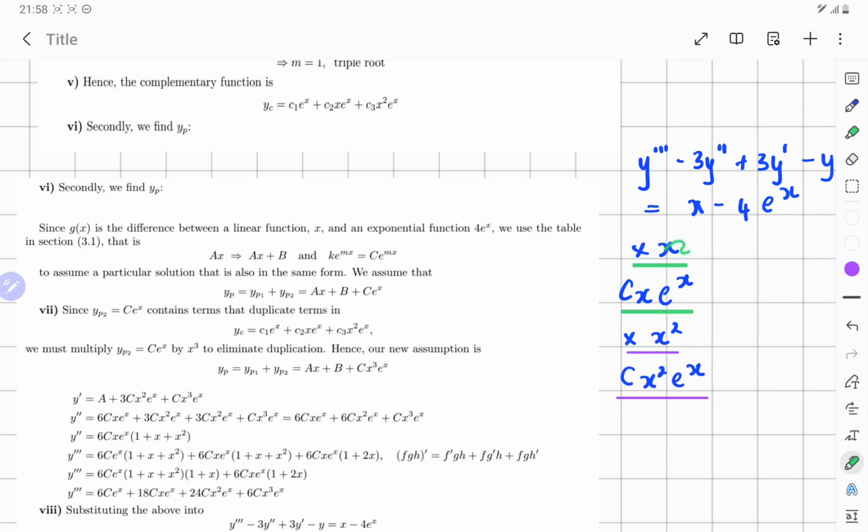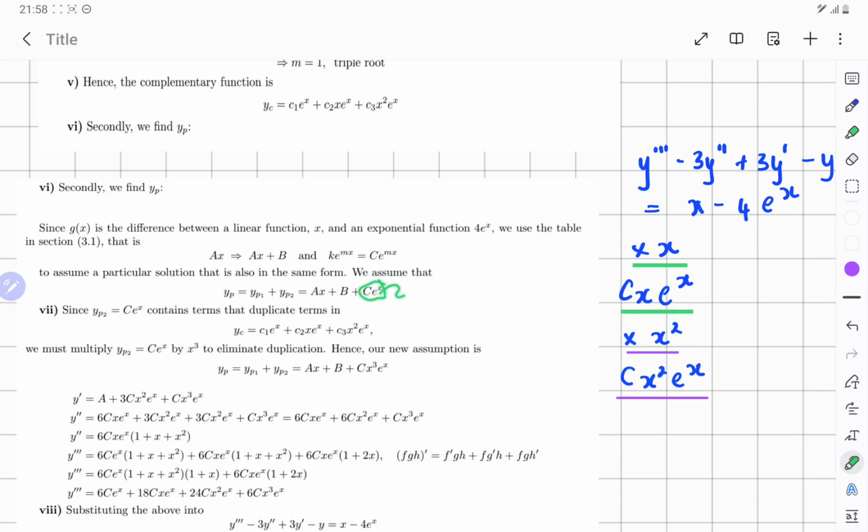Now let me just explain that again. If I times c e to the x by x, I will get cx e to the x. But what do I see? It is still duplicated in my complementary function. Hence, my next step, I will times by x squared. What do I get?